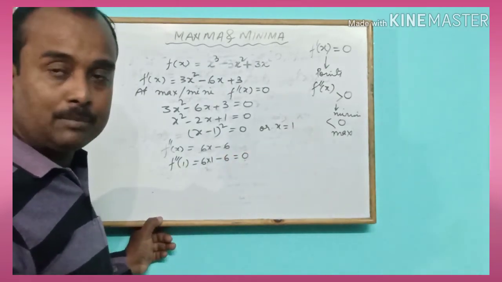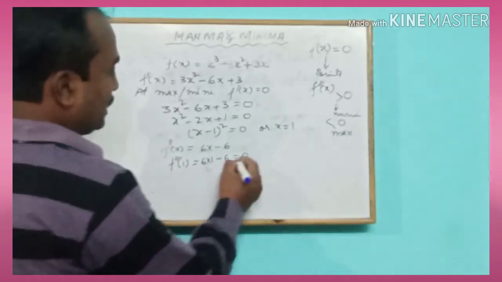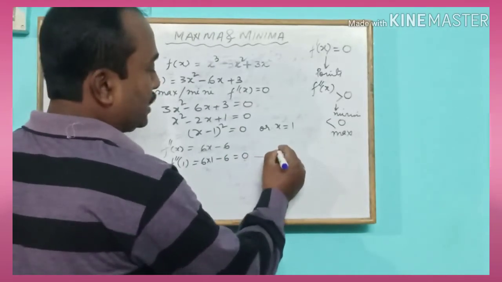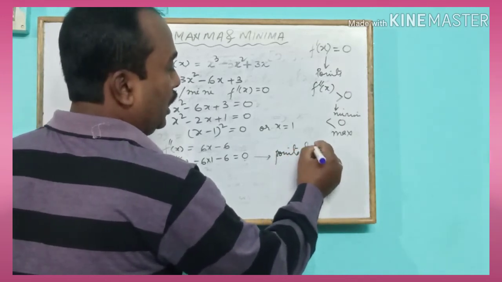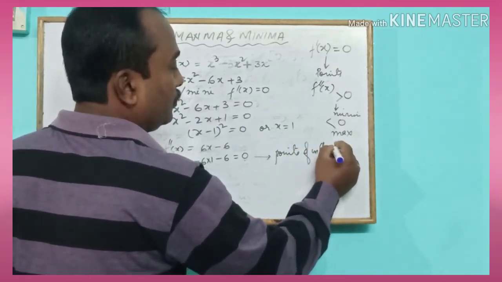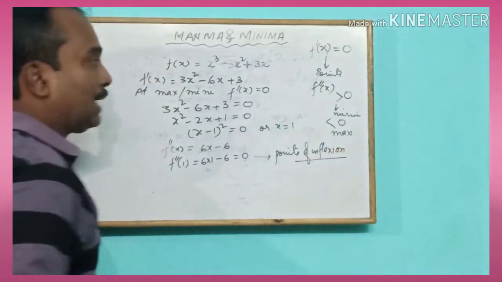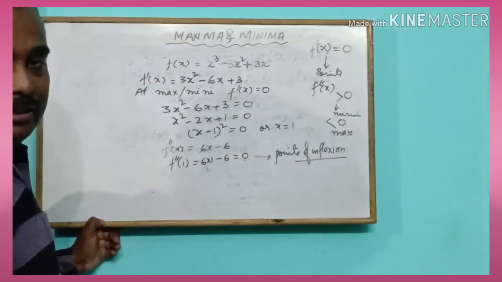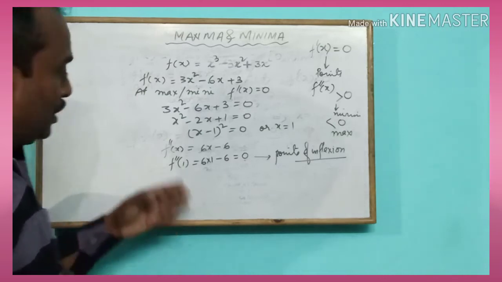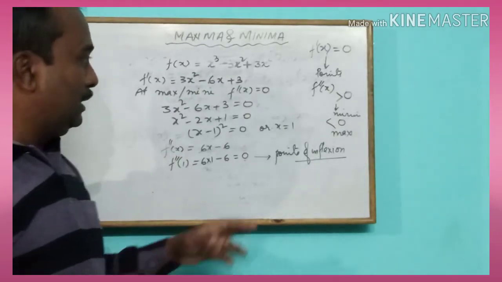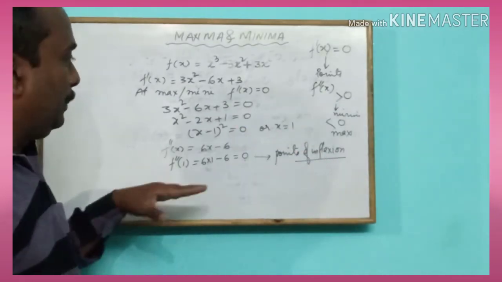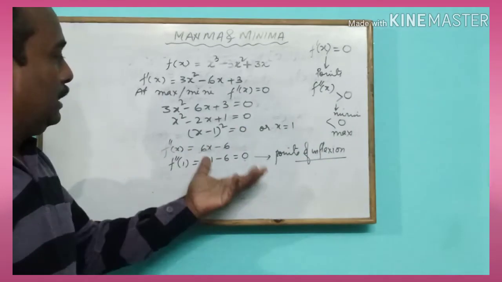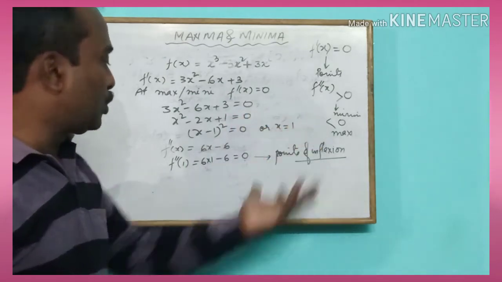So it is neither maximum nor minimum. This type of point is known as a point of inflection, where it is neither maximum nor minimum. So this function does not have any local maxima or local minima, because we are not getting either positive or negative.